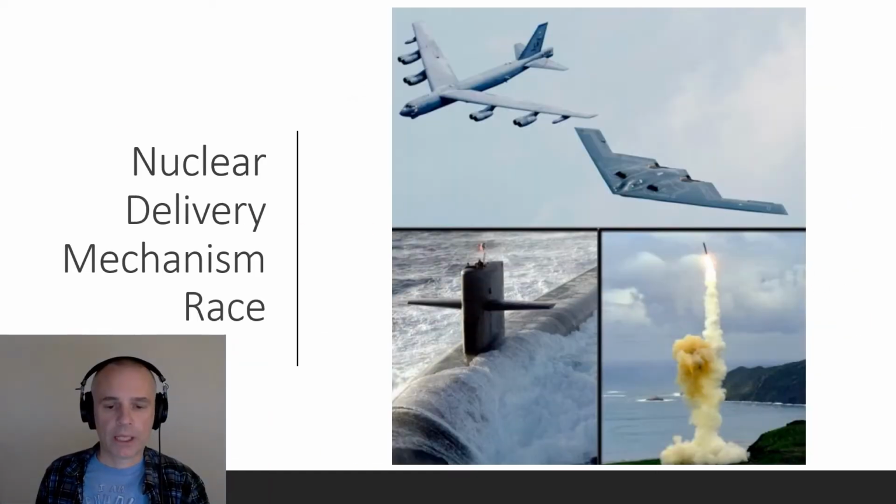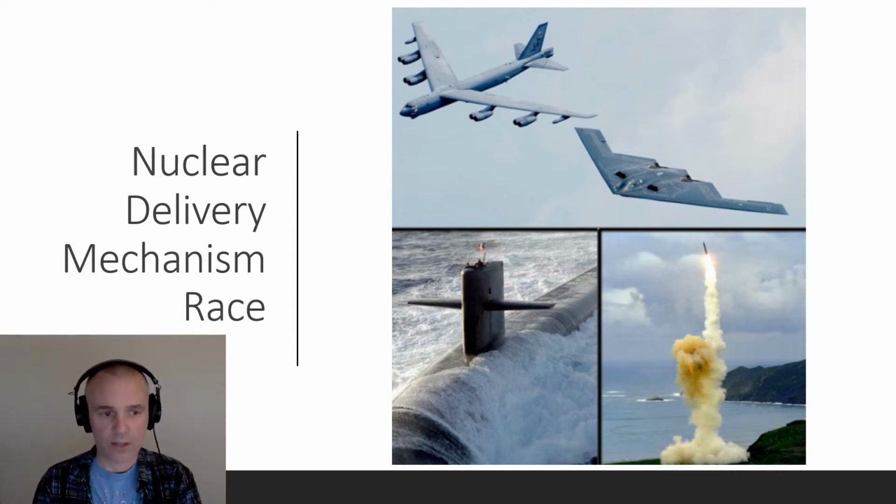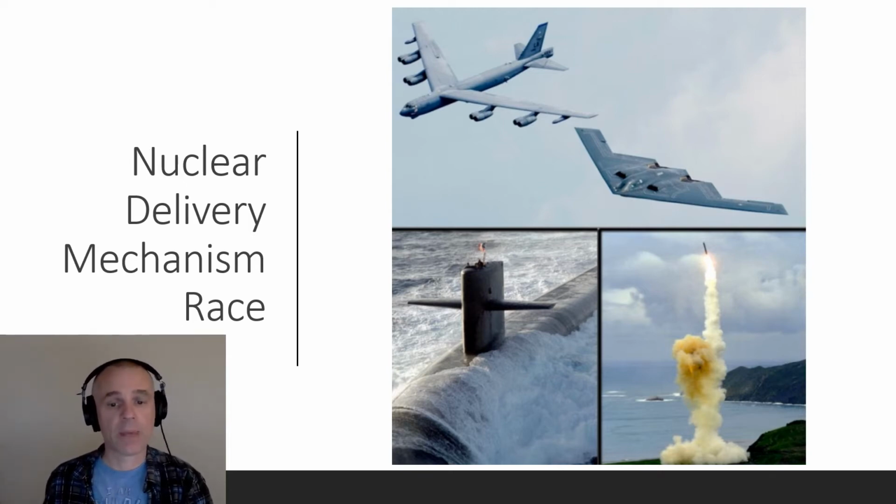And a key part of making nuclear weapons work is to be able to deliver them. And so both sides, and also the French and the British and the Chinese and the Israelis today and the Pakistanis and the Indians today, now use what is called a strategic triad, which means you use 3 different ways to deliver your nuclear weapons to make sure that you always have a retaliatory possibility.